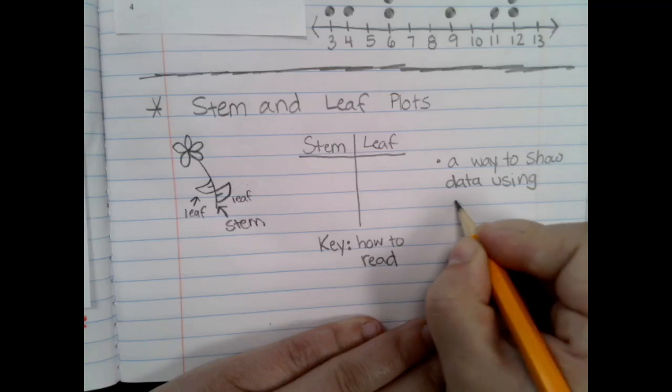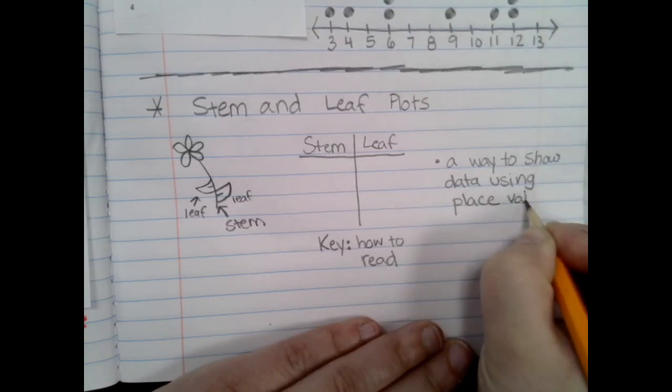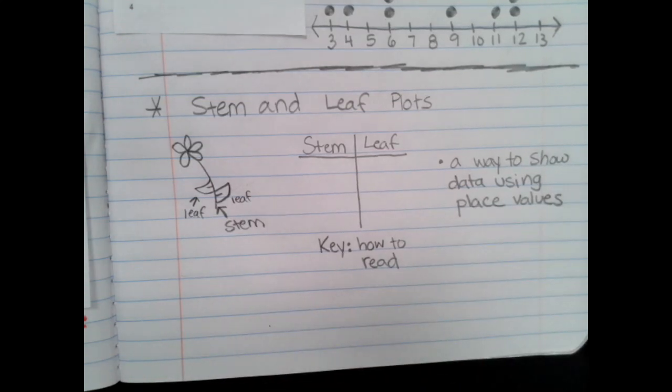When we talk about place values, that means we're breaking up numbers into their digits and what position each digit is in. So we have the ones, the tens, hundreds, thousands, right? And then even past the decimal point in the other direction, we have tenths, hundredths.